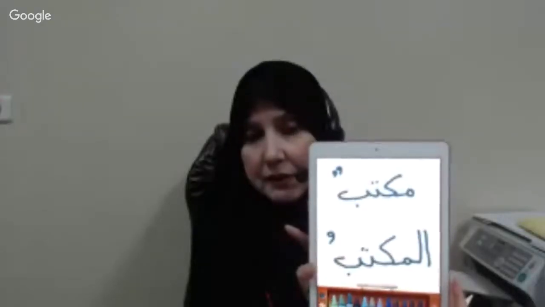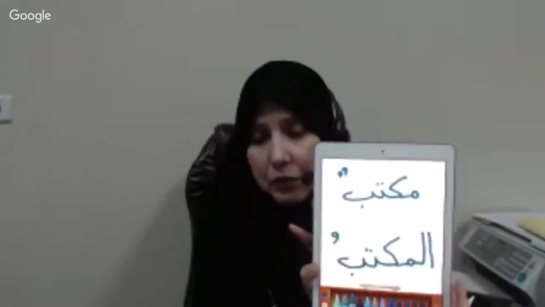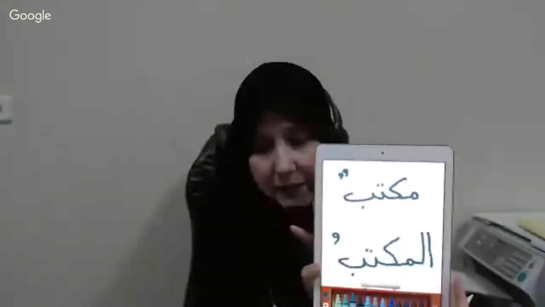If we want to make it definite, to say the desk or the office, we add alif lam to the beginning and we take away one of those vowel markers. Al-maktabu. Okay? Maktabun. Al-maktabu.